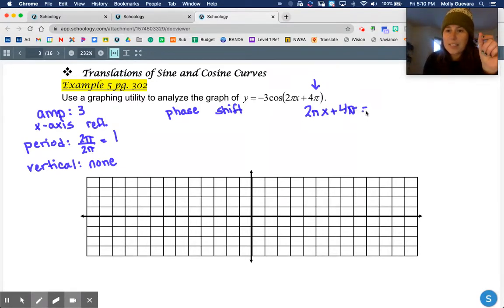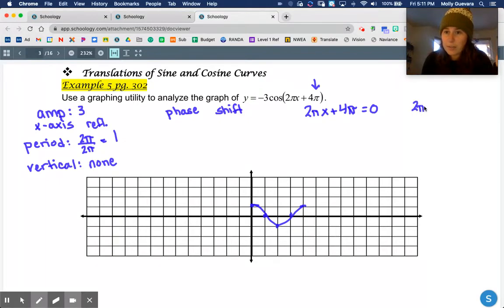I'm going to set it equal to the original parent graph starting point. Well, the starting point for cosine is 0, right? Here's the parent graph right here, right? It starts at 0.